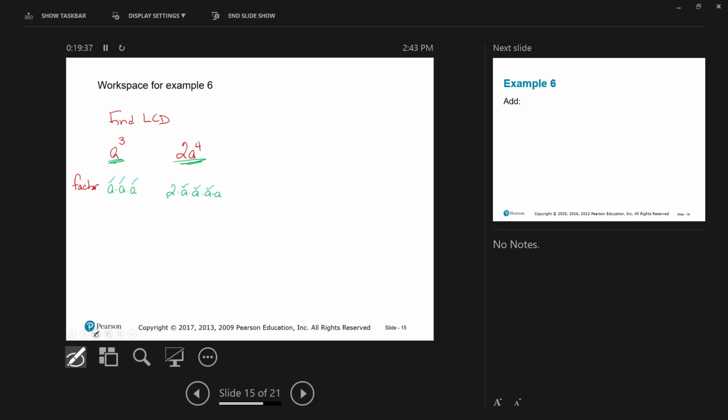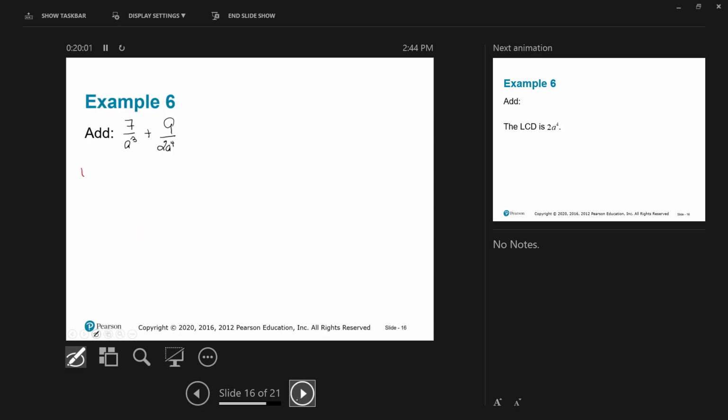But what I'm noticing is the second denominator has a 2 and an a, but the first one does not, which means I need to multiply this first denominator by a 2 and an a, which tells me that my common denominator is going to be made up of a 2 and 4 a's, or better written as 2a to the power of 4.